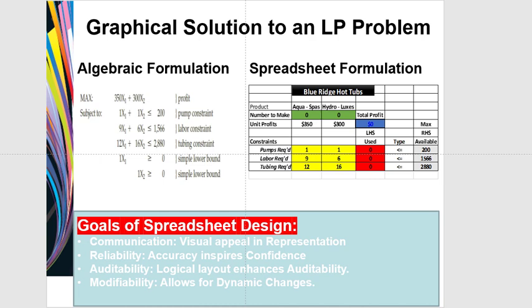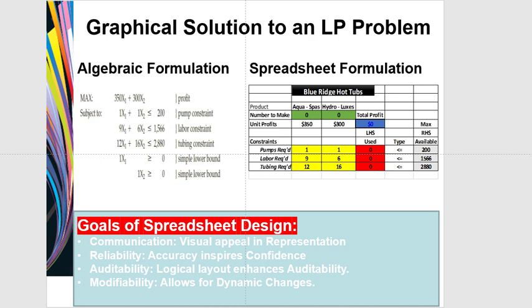That is the question. So modifiability implies that there should be minimal changes to the model in case the decision situation changes. So when we talk about modifiability, we recognize that the data and assumptions upon which we build spreadsheet models can change frequently. Therefore, a well-designed spreadsheet should be easy to change or enhance in order to meet dynamic user requirements.